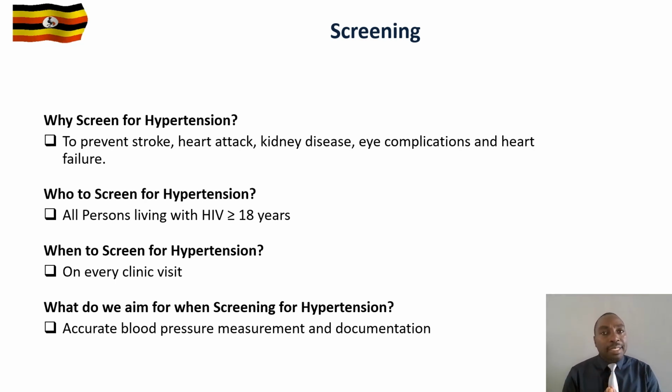We screen adults mostly for hypertension, aged 18 years and above, and we screen at every clinic visit. How do we screen? We use a blood pressure machine. We just take your blood pressure reading when you are seated and calm.